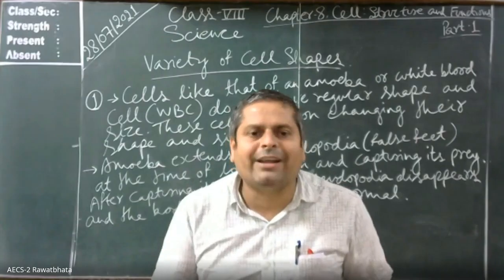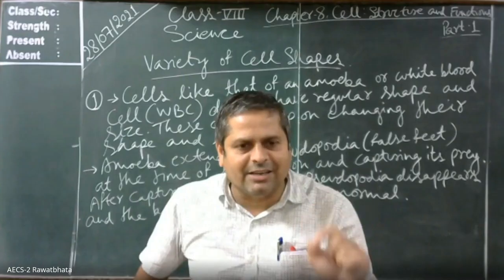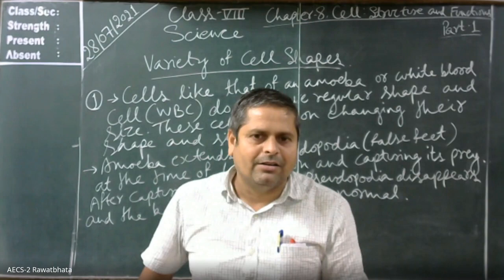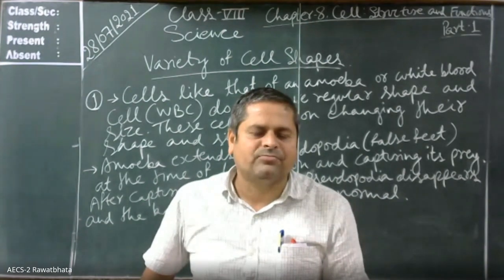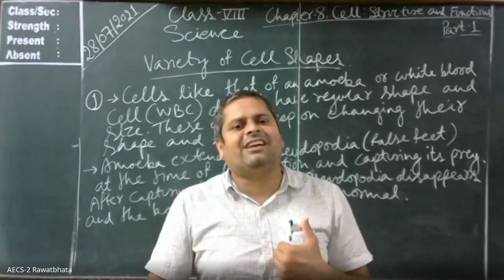Sir, what is the difference between an organism cell and animal cell? An organism can be a living plant or an animal. Sir, I mean human cell and organism cell and animal cell difference. We are animals. We are also treated as animals, Kushal.